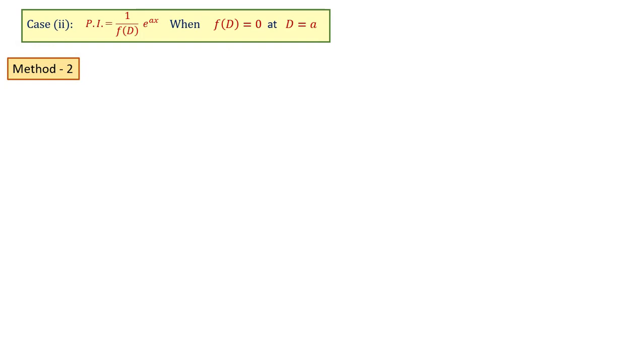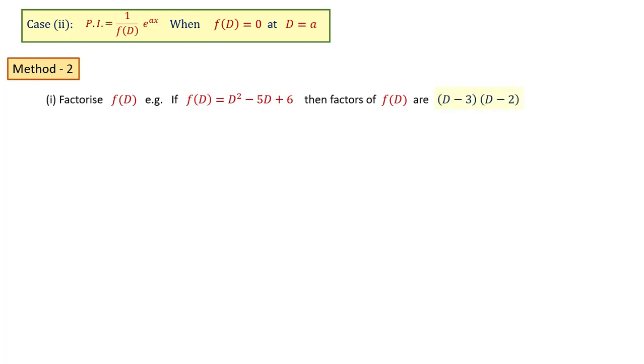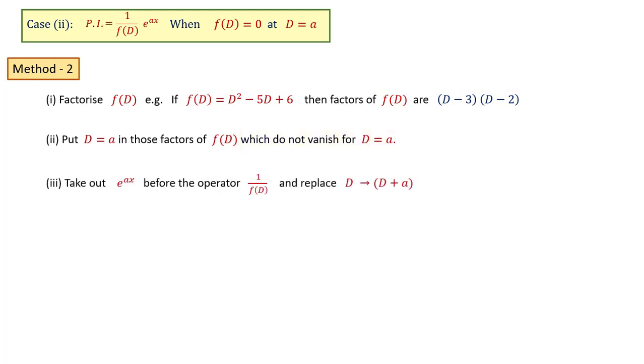Second method. To find the particular integral, we will follow the following steps. First step, factorize f(D). For example, if f(D) is equal to D square minus 5D plus 6, then the factors of f(D) are D minus 3 and D minus 2. Next step, put D is equal to a in those factors of f(D) which do not vanish for D is equal to a.